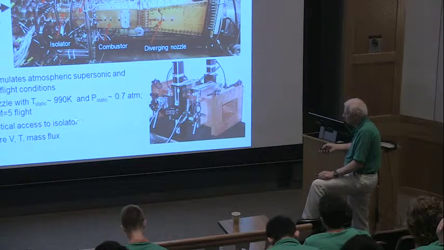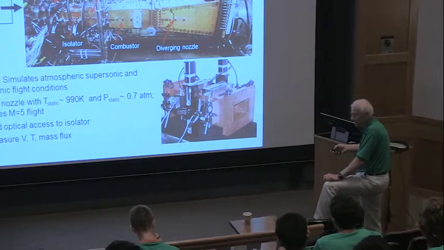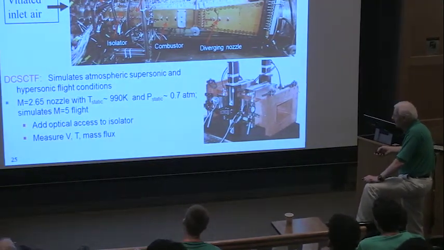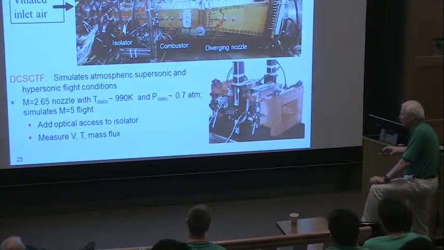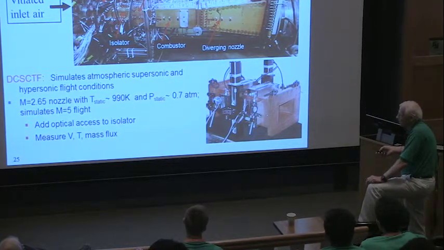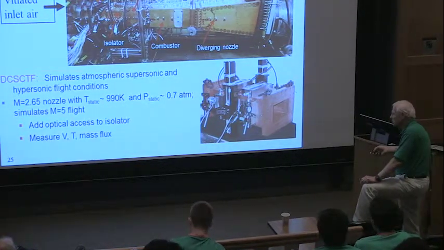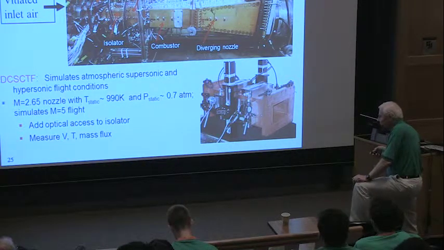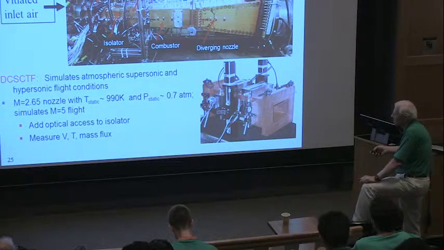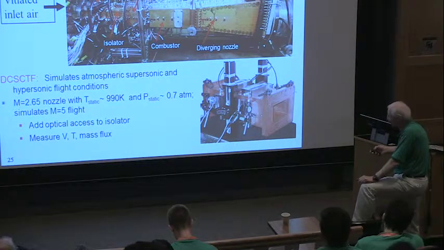The goal was to measure the velocity, the temperature, and the mass flux. How can we do that? Well, we can measure the velocity by the Doppler shift. We can measure the temperature from the line ratio of the water vapor lines, and we get the mass flux if we know something about the concentration of the water in the air.